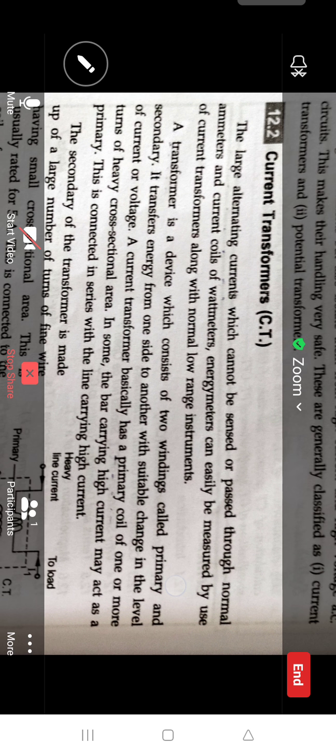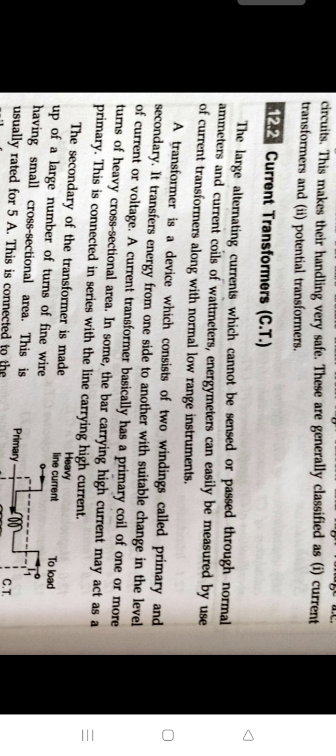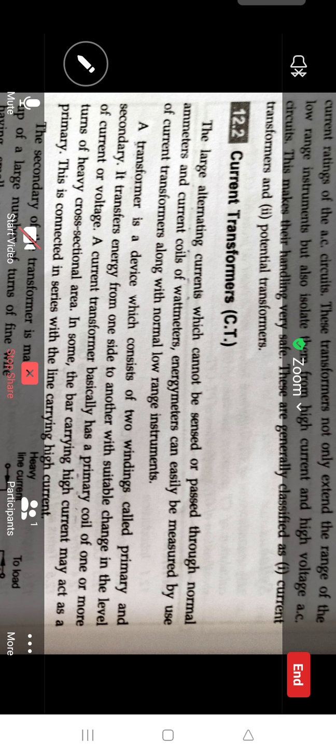So the current transformer we will see first. The large alternating current which cannot be sensed or passed through the normal ammeters and current coils of a wattmeter or energy meter can easily be measured by use of a current transformer, along with normal low range instruments. The name says current transformer.